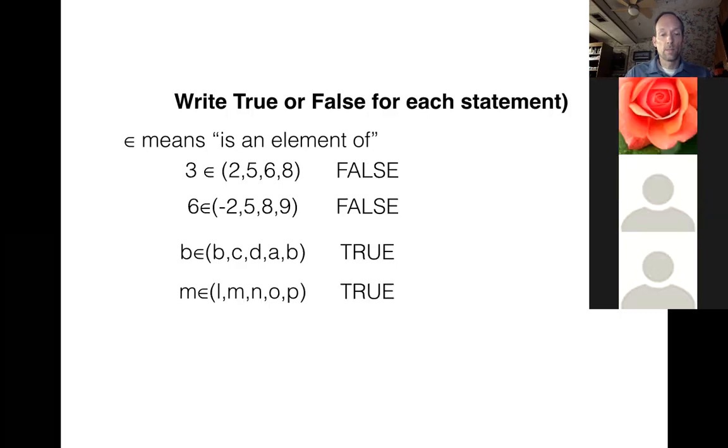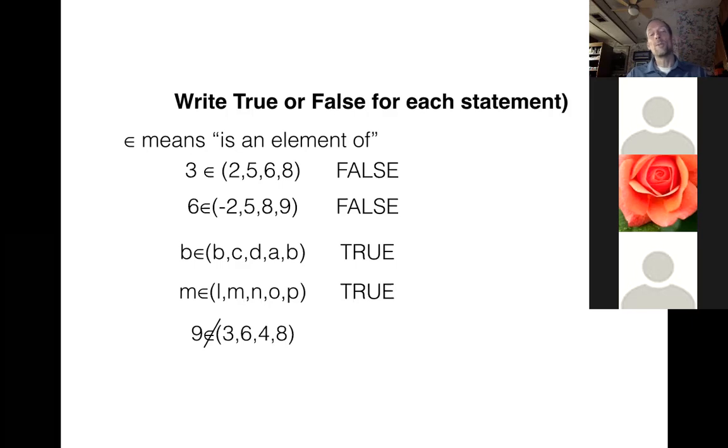It's true. Yes, good job. And Kevin. False. Oh, sorry about that. How about now? False, right? Now it would be true because the slash through it means it's not an element of. So you kind of had a double there.